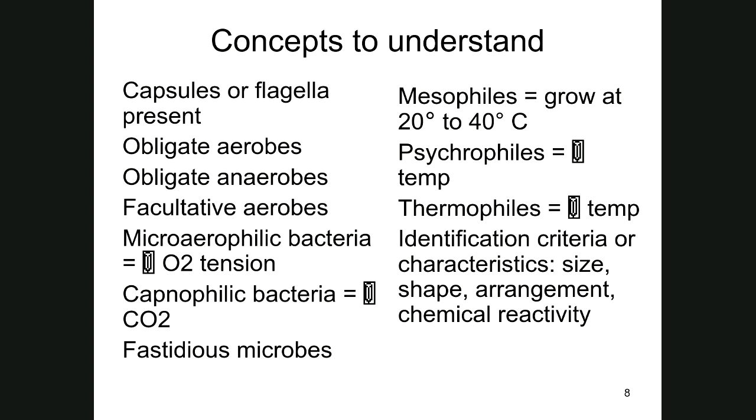You can have some that are obligate aerobes. They need to have air present in order to grow. But then you have obligate anaerobes, okay, that really don't want much oxygen present. And then you have facultative aerobes that do better with some oxygen, but can also do a little bit less.